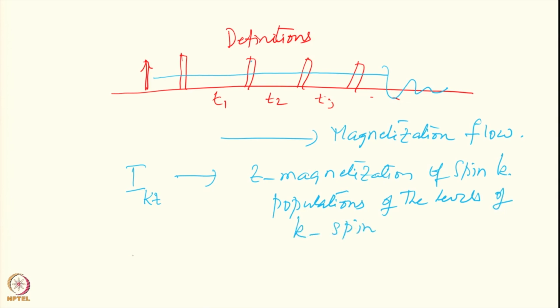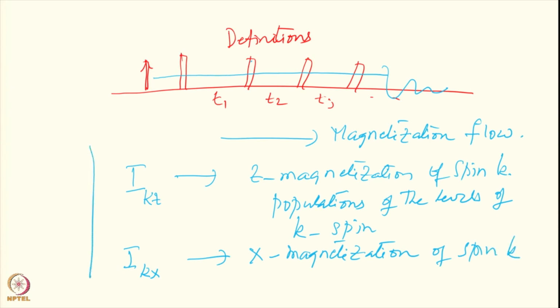Then let us say I have IKX. This means X magnetization, or the transverse magnetization, of spin K, and we are talking about spin half systems here.